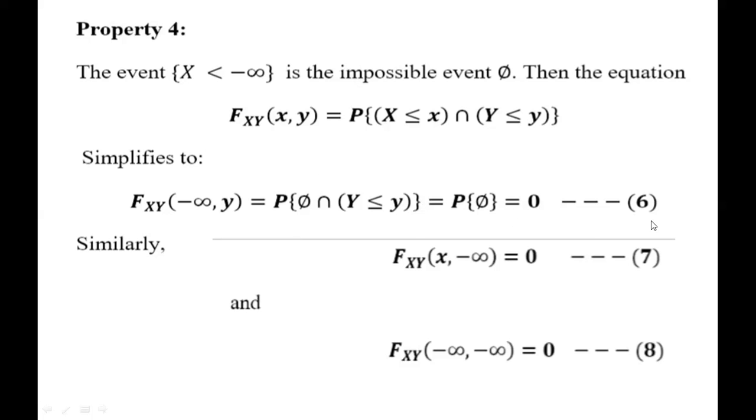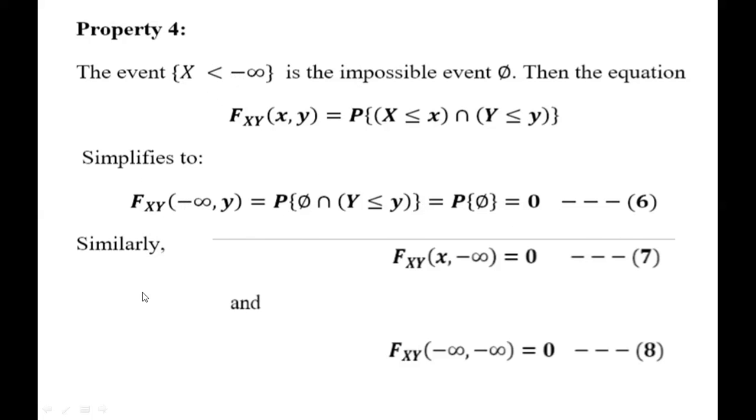So this equation 6, you have to remember. The CDF when the random variable X is less than minus infinity, that is F_XY(minus infinity, y), is equal to 0.